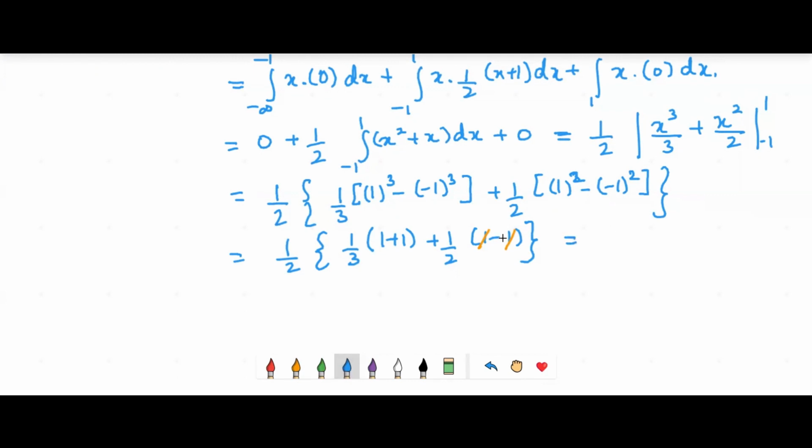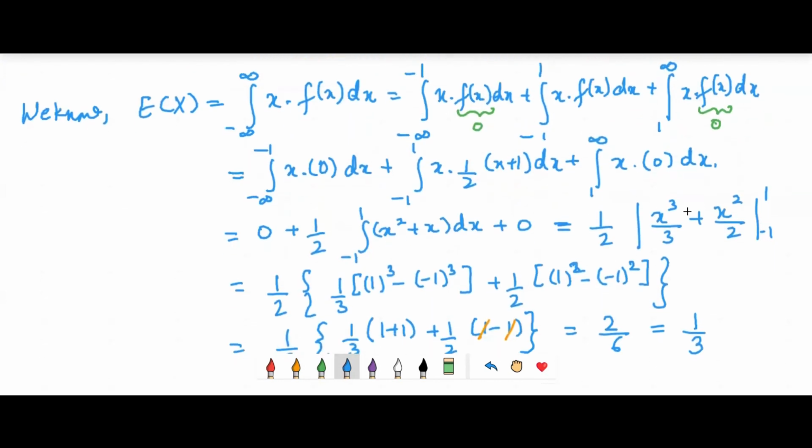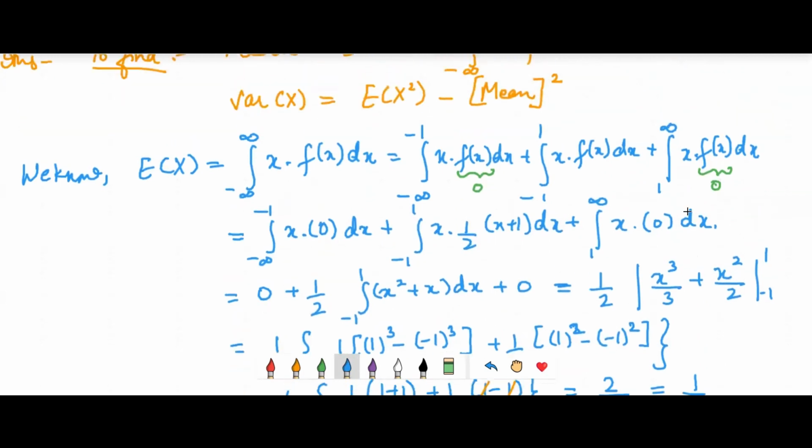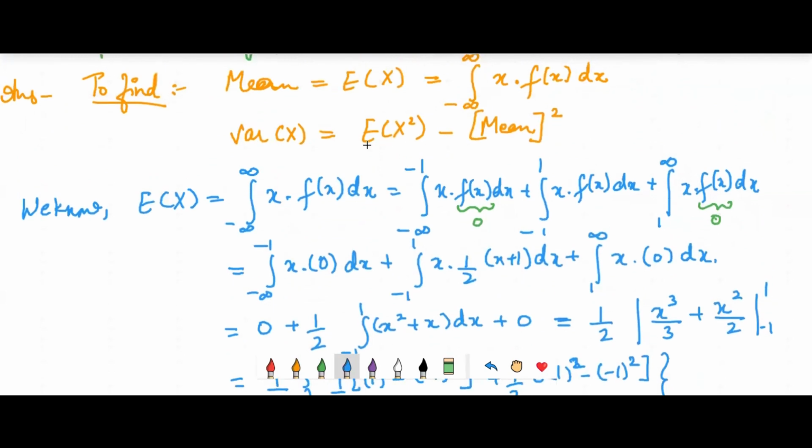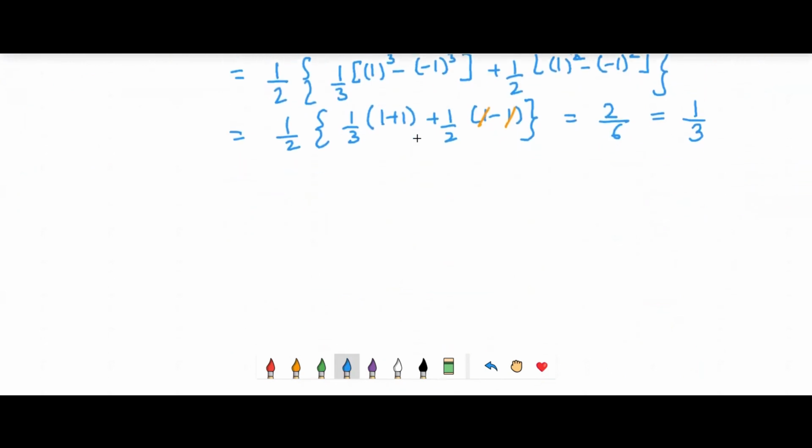We are only left with 2/6, that is 1 upon 3. So that means we are getting the value of the expectation of x, that means the mean, as 1 upon 3. So now to calculate the variance, we need to find out E of x square as well. After that, we can substitute it in the formula.